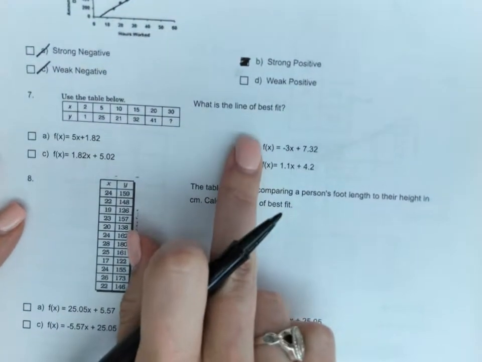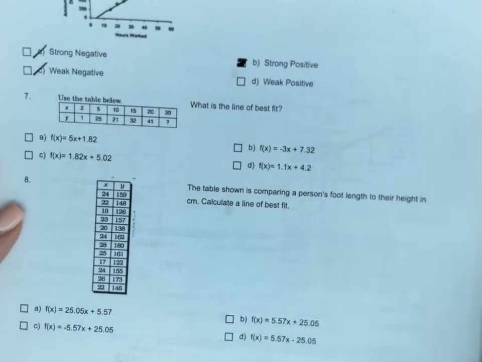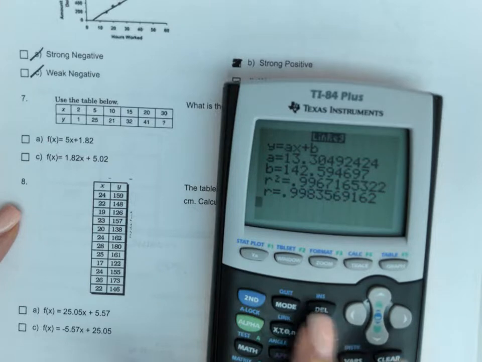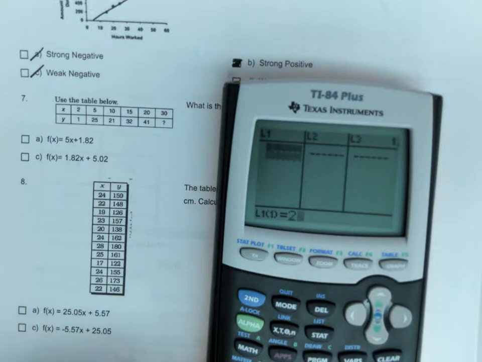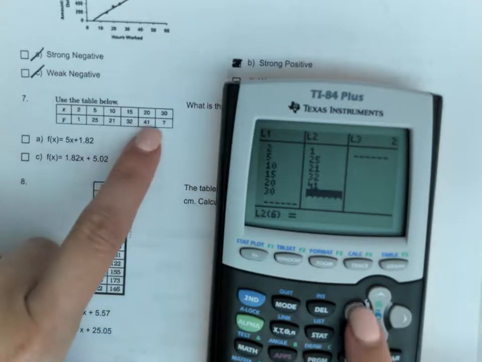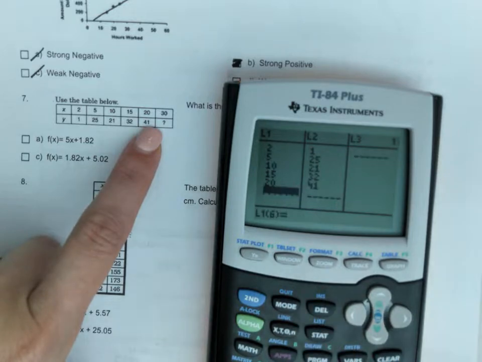What is the line of best fit? This just means put this in Stat. So Stat, Edit, y values. And because we don't know that last value, I'm going to delete it from that table as well.